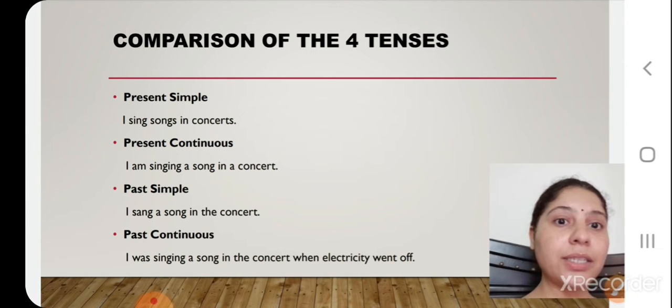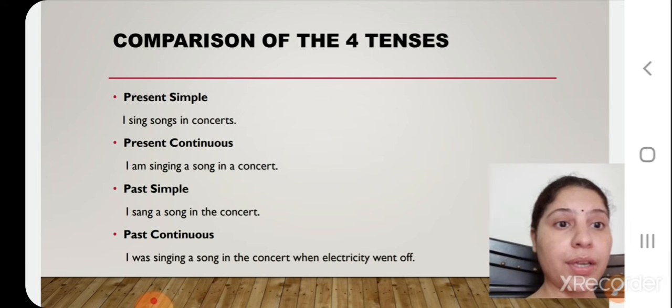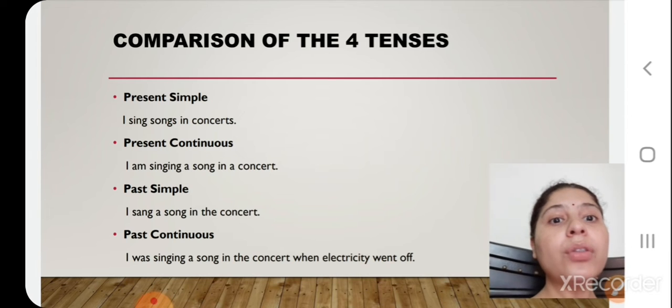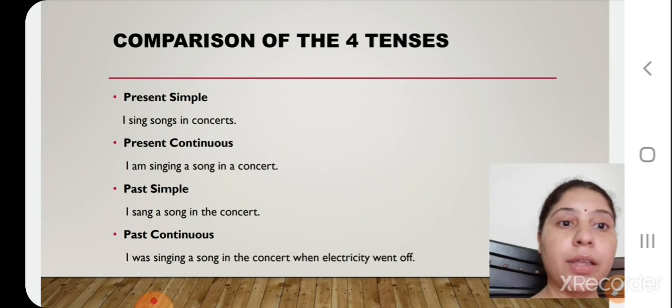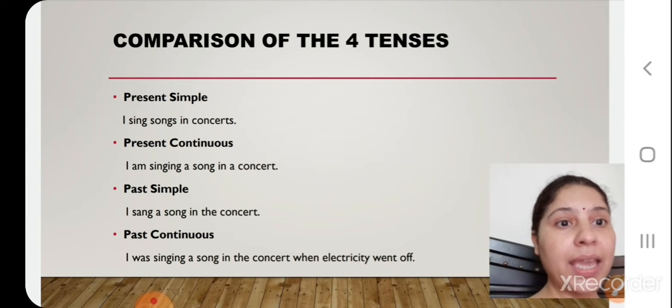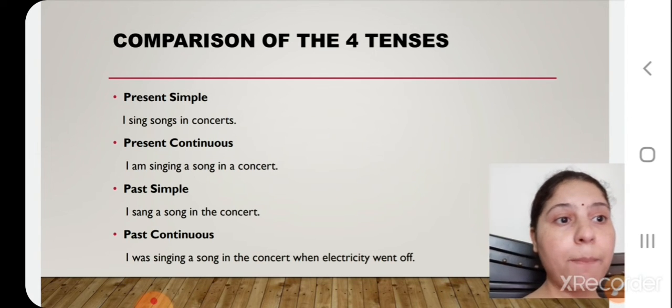Now past continuous. I was singing a song in the concert when electricity went off. So this activity of singing a song was going on in the past and it was interrupted by electricity going off. Electricity went off. This has also happened in the past.